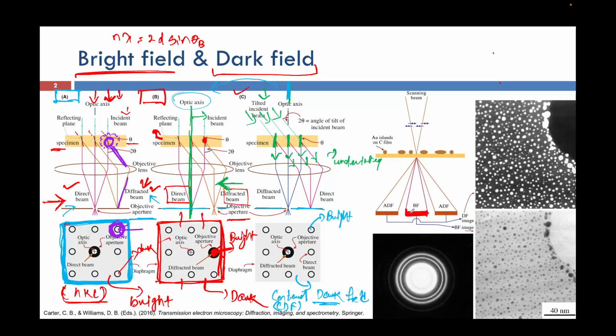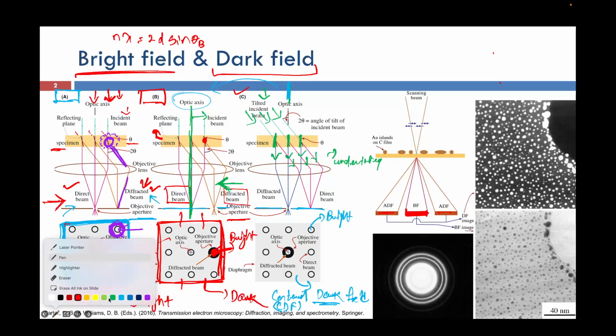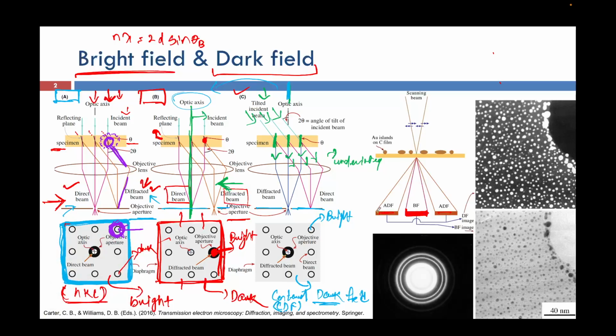The moment I do not want to collect this direct beam, and I want the diffracted beams, like here I'll put it in another color, so I want all these beams to be collected. These are called dark field beams.